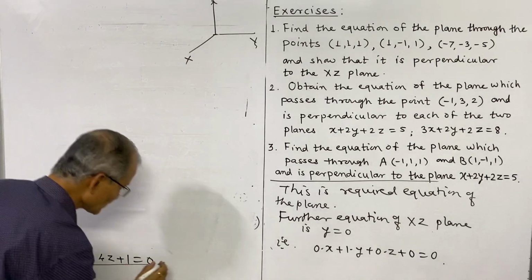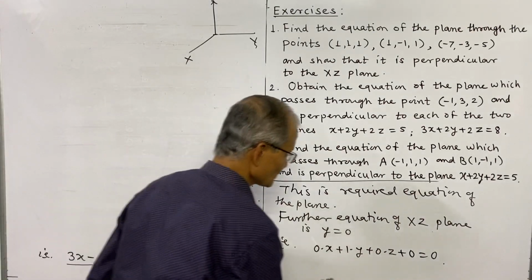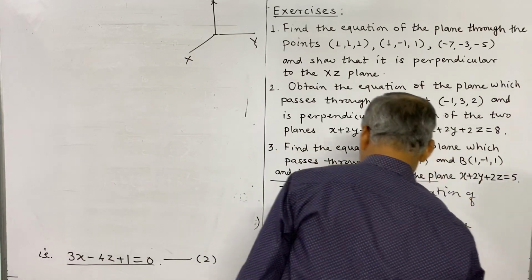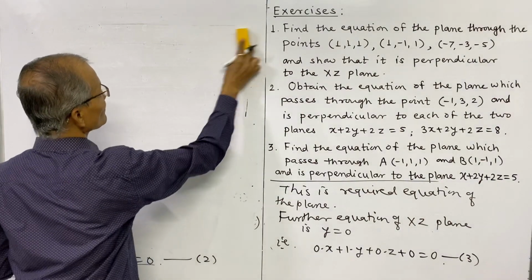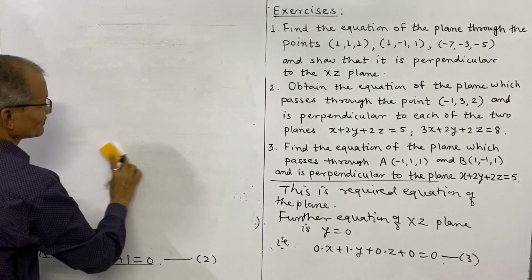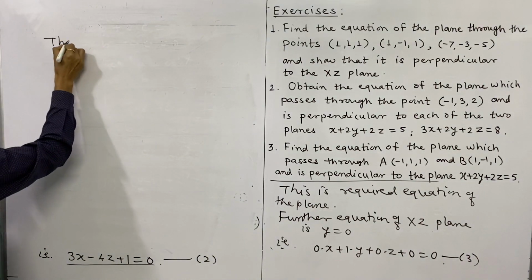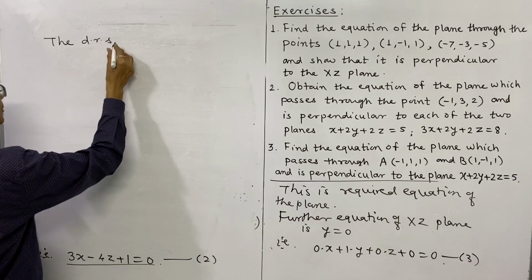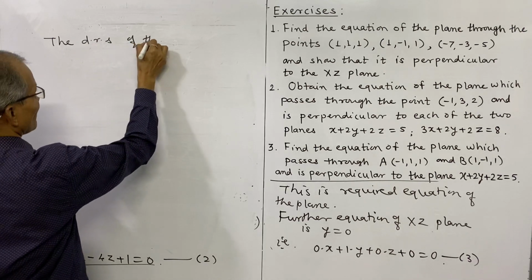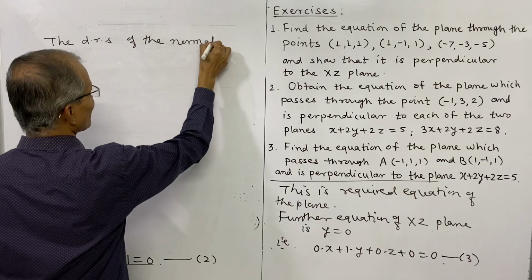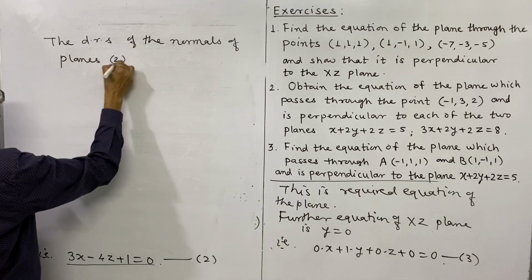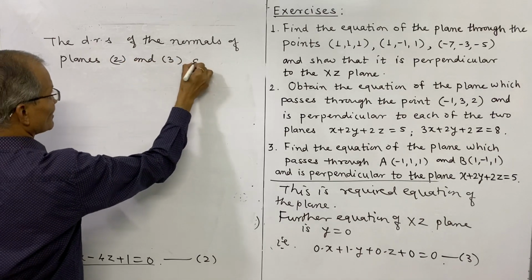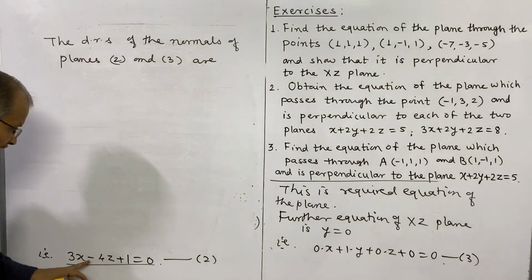Now we may suppose this as plane 2 and this as plane 3. For planes 2 and 3, the DRs, or direction ratios, of the normals are the coefficients of x, y, z.